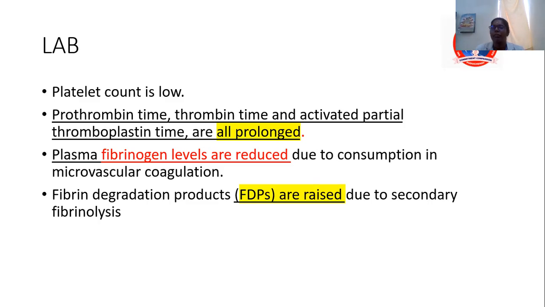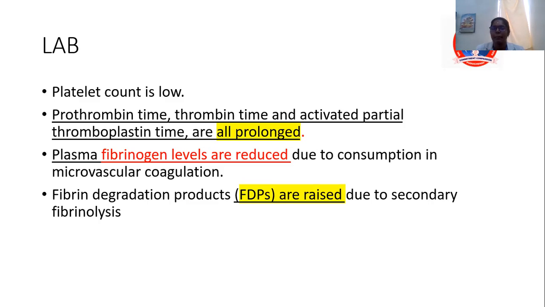The fibrinogen level will be reduced due to consumption in microvascular coagulation. Fibrin degradation products will be raised because of the secondary fibrinolysis.